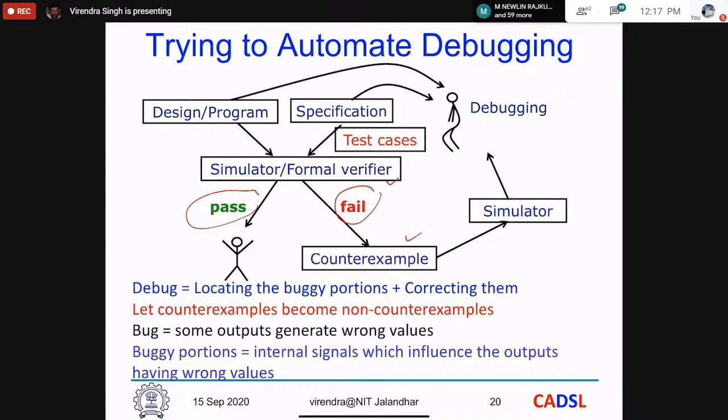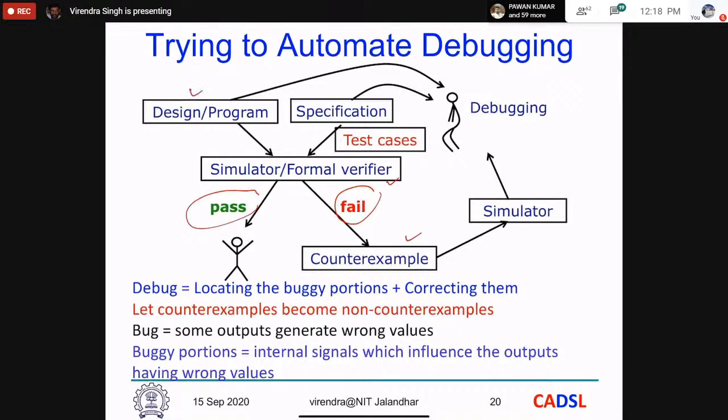Now you can again simulate for those counter examples. So now my debug process is, you have to locate the bug and then you correct them. And I want to refine this in such a way that ultimately I won't get any counter example. If I don't get any counter example, that means my design is correct, right?